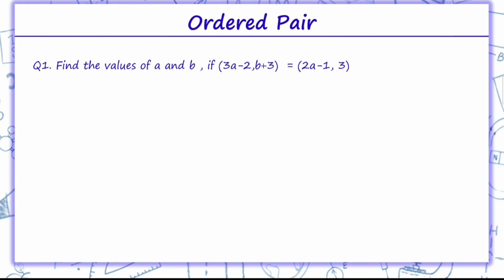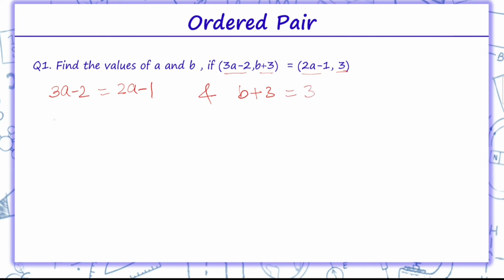Coming to the question part, we have to find the values of a and b here. Now see, this is given as an ordered pair and both are equal. So here we will write 3a minus 2 equals 2a minus 1, and b plus 3 equals 3.